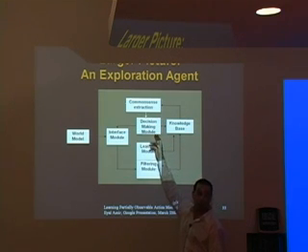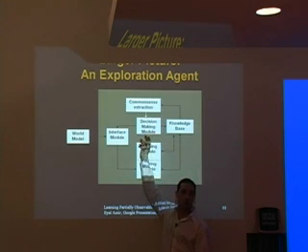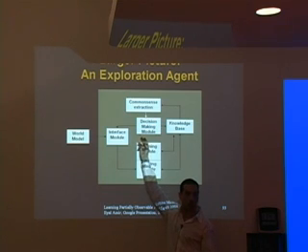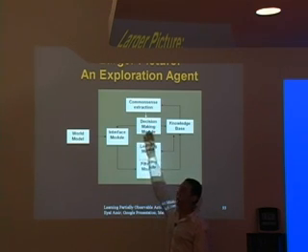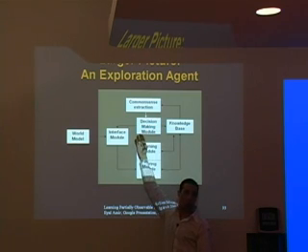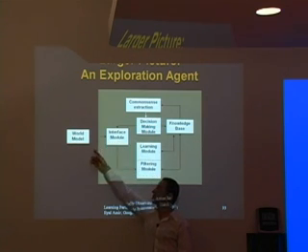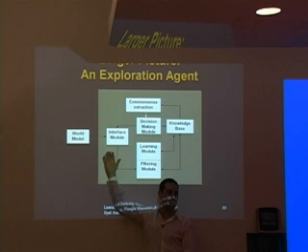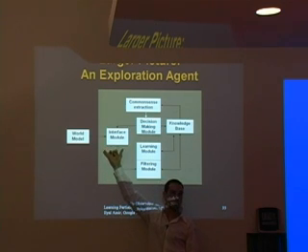We use that to make decisions about what actions to take in the world. I didn't talk about how we decide what actions to take. It's a completely different talk. But we are going to make those decisions, and we're going to interface with the world model that will give us the information that we need for the algorithm.